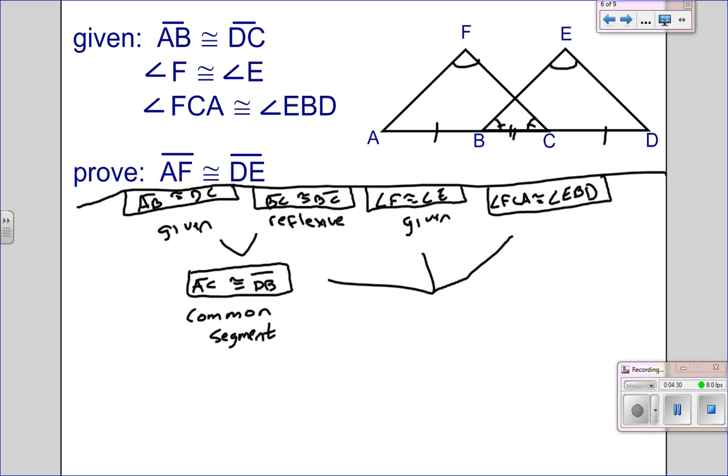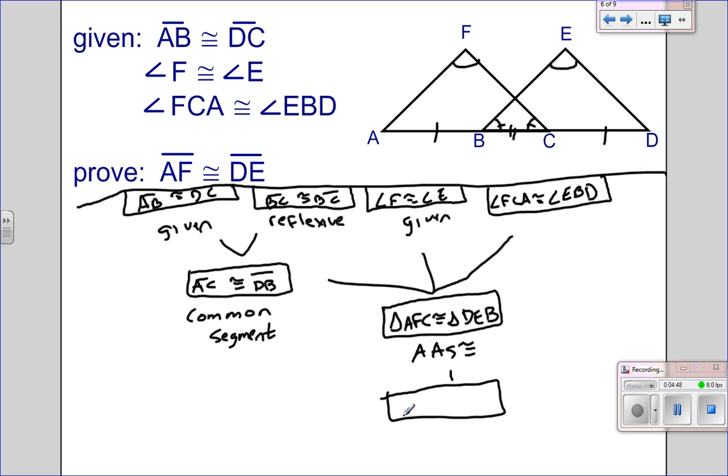So I can join these three together, and I can say that triangle AFC, kind of like football, right, is congruent to triangle DEB. And that, of course, is by angle, angle, side congruence. Now we can take that a step further and use our corresponding parts to say that segment AF is congruent to segment DE because corresponding parts of congruent triangles are congruent.